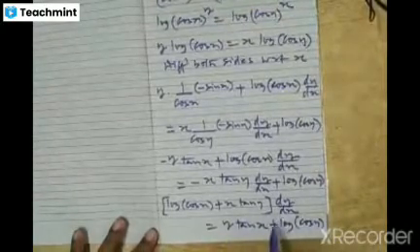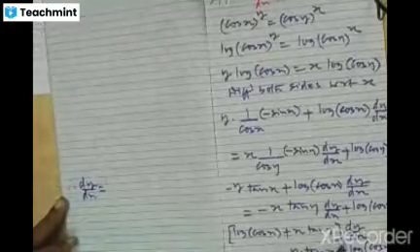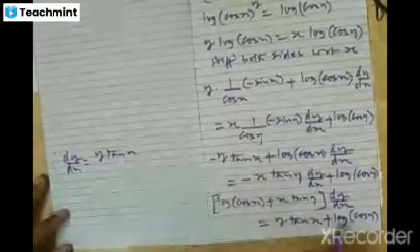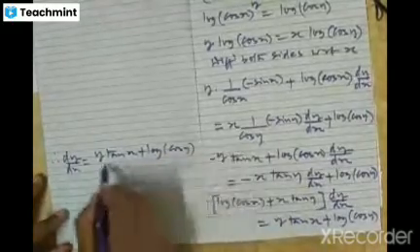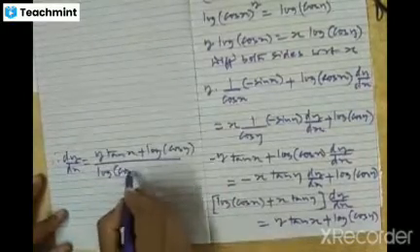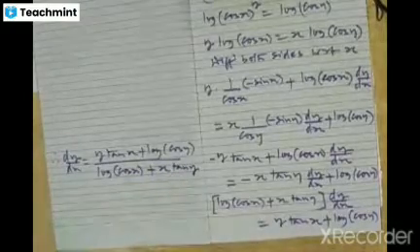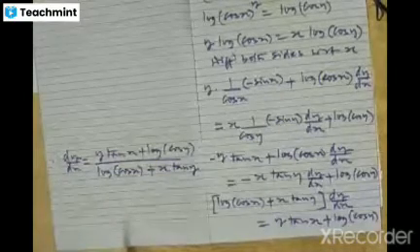I am interested in dy by dx. Therefore dy by dx is equal to y into tan x plus log of cos y, whole thing divided by log of cos x plus x into tan y. Okay. So this is dy by dx. Understood?